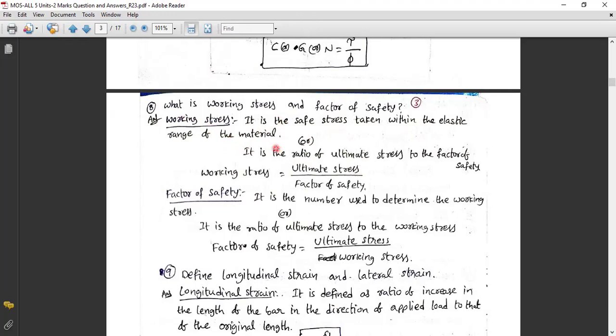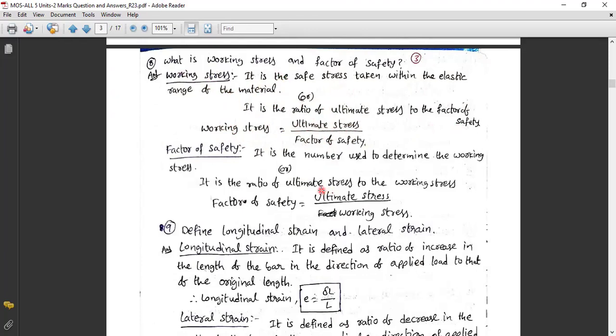Safe stress is that where a body will not change in its shape or size. It is the ratio of ultimate stress to the factor of safety, ultimate stress upon factor of safety. Ultimate stress you can apply on the body, but take care of the factor of safety. Now, what is factor of safety?